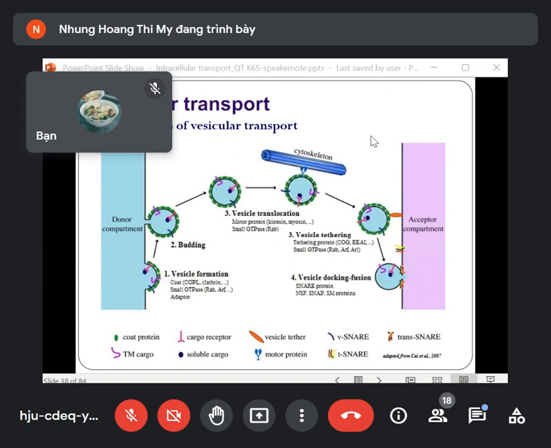So that is the fourth step of vesicular transport, and you can see many types of protein involved in this process. Like here you see they explain about each type of protein involved in each step of the vesicular transport.